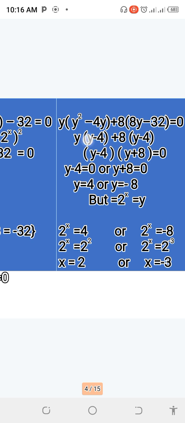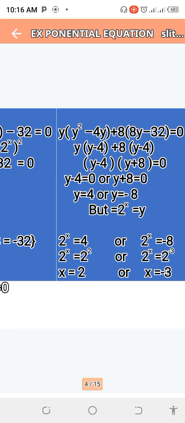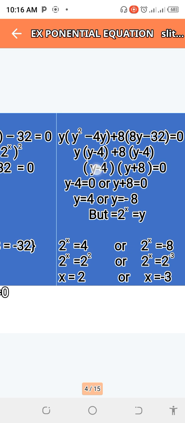In y squared minus 4y, y is common here. So we bring out the y that is common and put it there. When we factorize, we use this y to divide everything in the brackets. y divided by y squared, we have y. And y divided by minus 4y, we have minus 4.